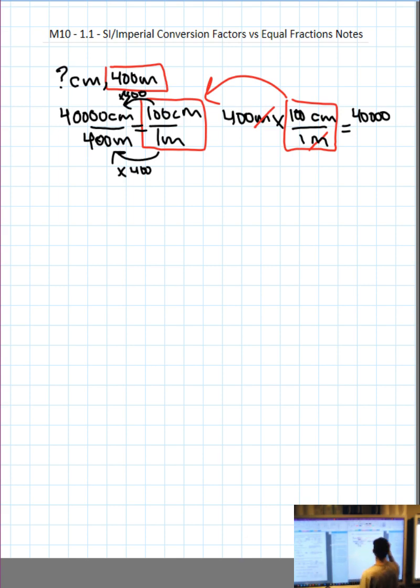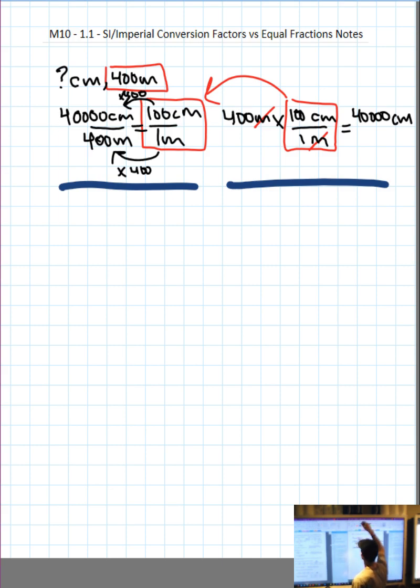So now our units are simply centimeters. So big blue, we have the example on the left, equal fractions, and we have the example on the right, conversion factors. And that's the way that we're going to do it from now on, conversion factors.